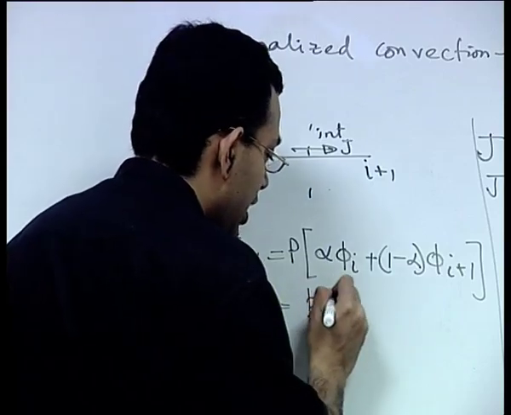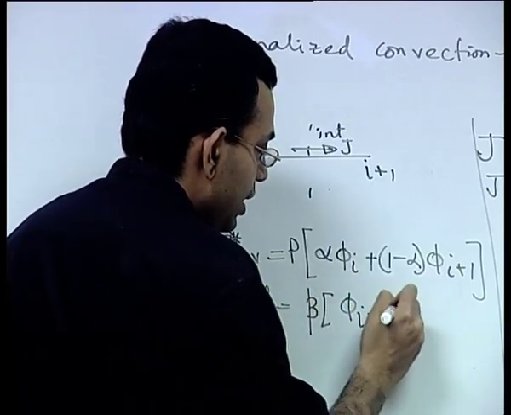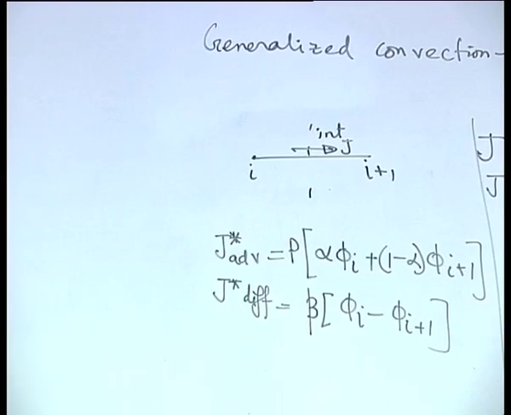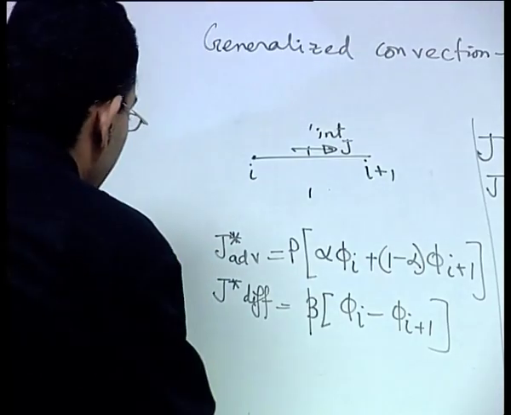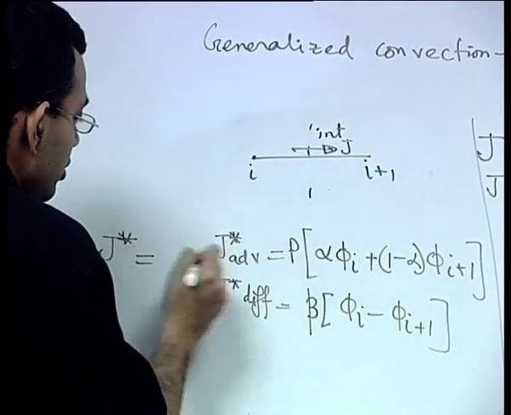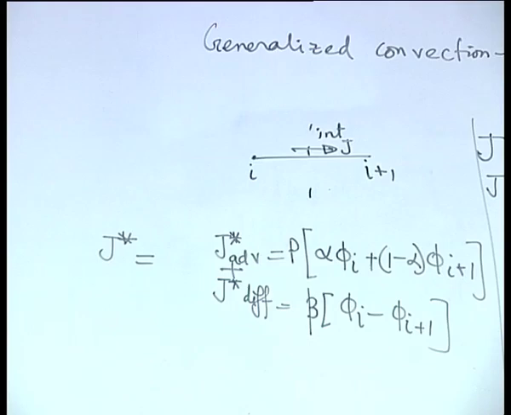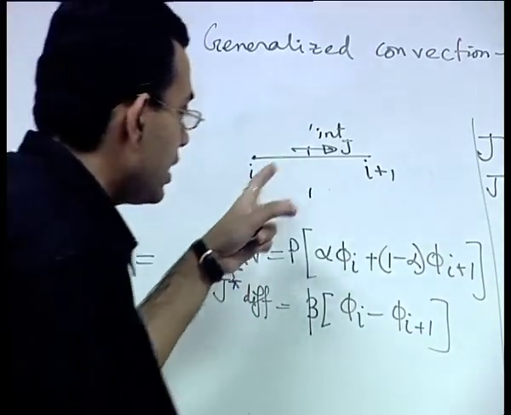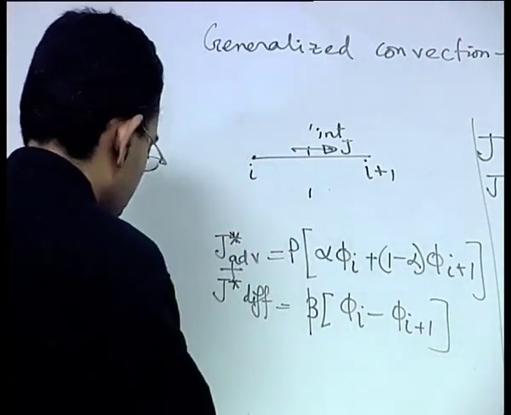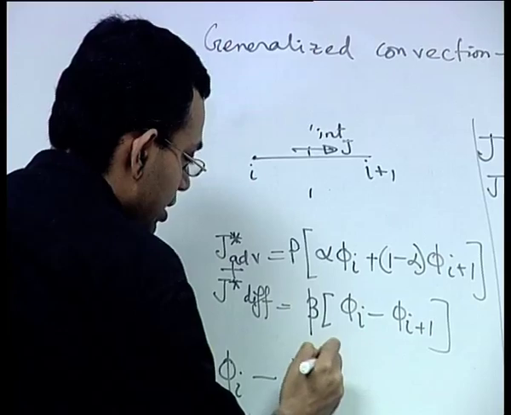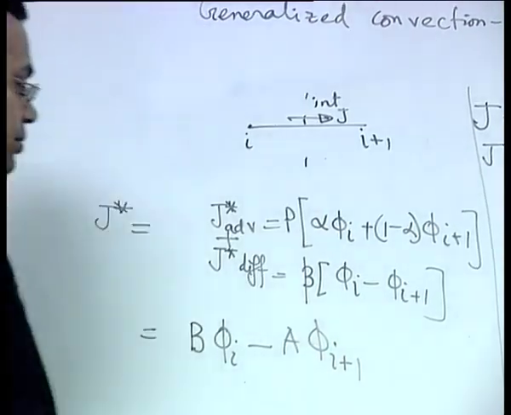So, it is like beta into phi I minus phi I plus 1, where beta is another coefficient, and the j star total is equal to the sum of these two. So, you can see that it is nothing but some constant into phi I minus some constant into phi I plus 1.